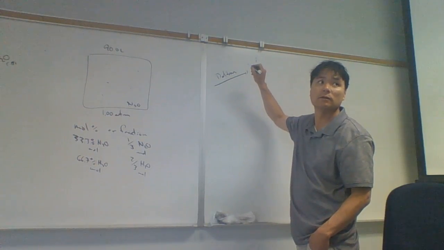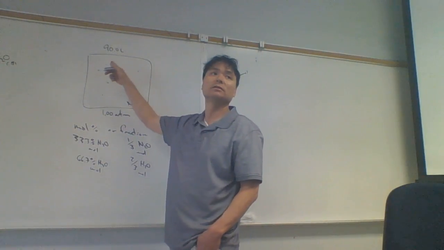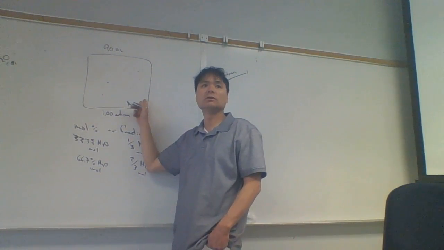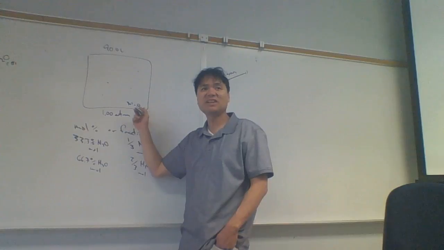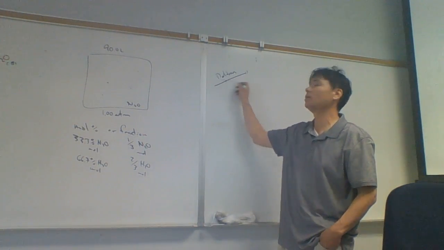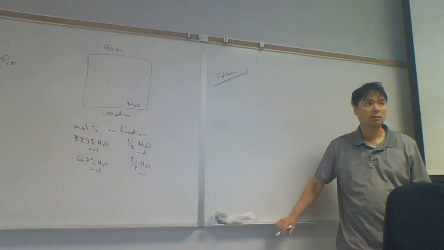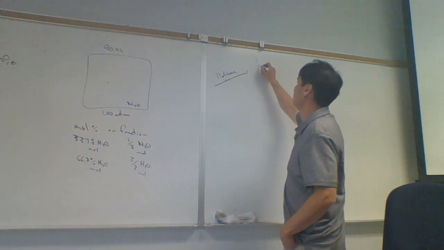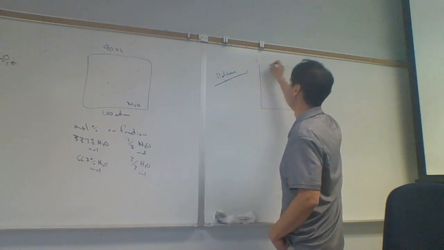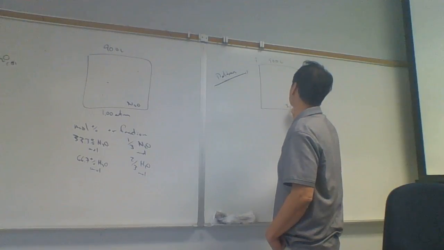We have 90 liters total for the mixture. How many liters of nitrous oxide do I have if I'm thinking Daltons? It would be 90. And so if I'm thinking about Daltons, I'd have 90.0 liters of nitrous oxide.